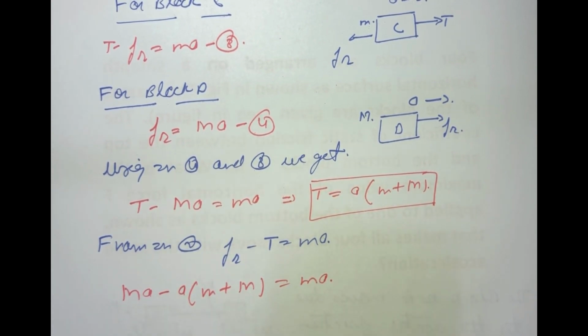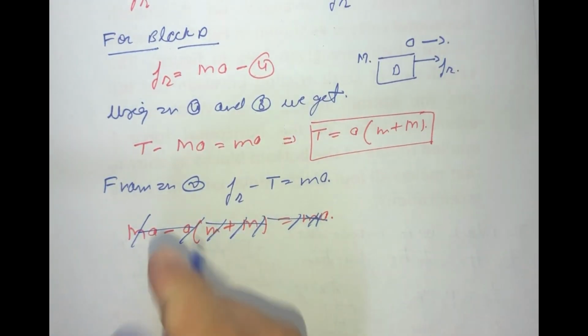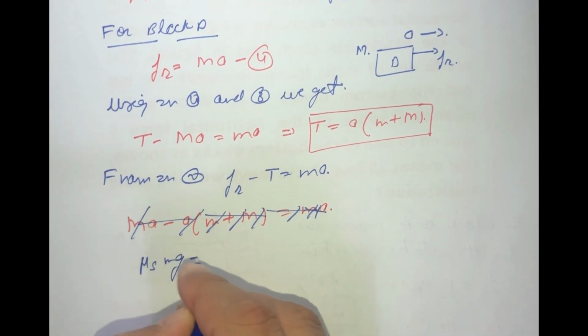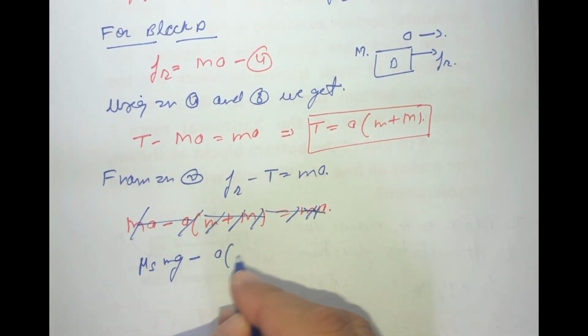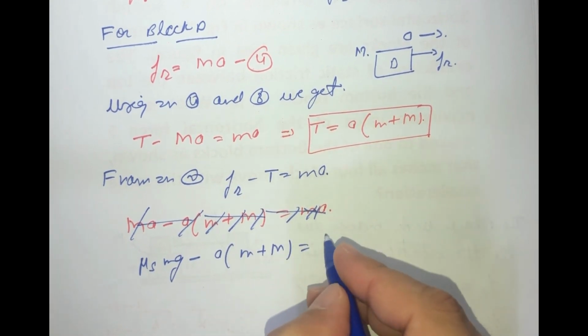I think I made a mistake somewhere. One second. Yeah, there was a mistake in putting the value of FR. FR we found out that is mu S Mg. So we put FR as mu S Mg and the tension is (m plus capital M) a, and we get this as ma.